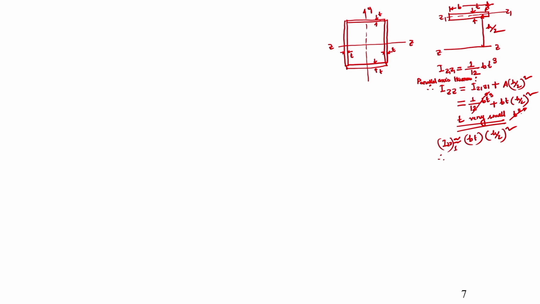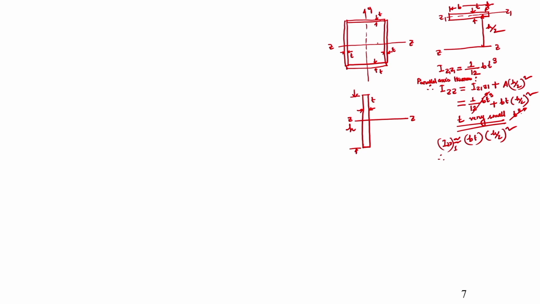Okay. Now, let this be the z axis and here one weld is there, whose height is h and thickness is t, and this is the centroidal axis of all the welds.